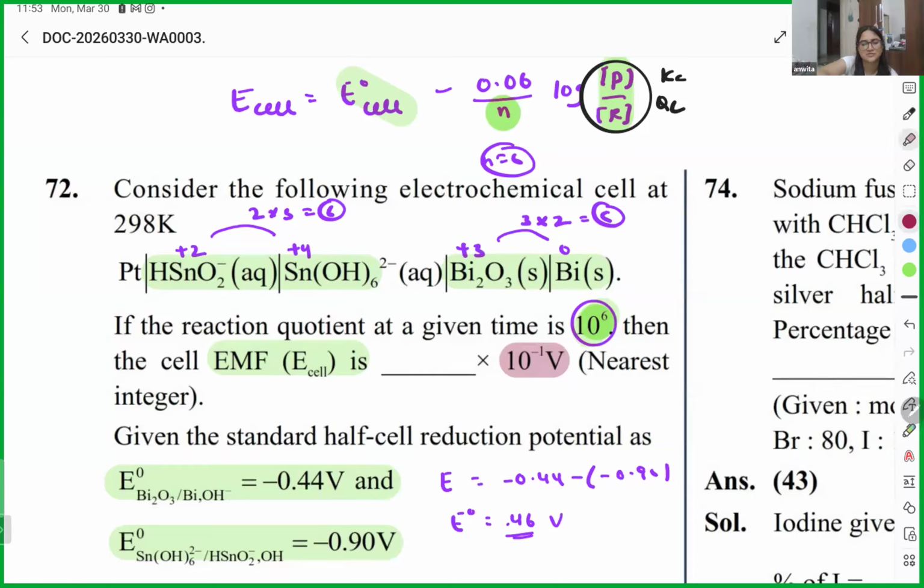Yes, sir, I'm also getting 0.4. I made a mistake. Sir, it is correct, 0.4, because it is 10 raised to power minus 1.